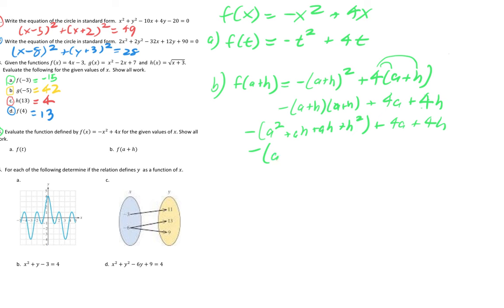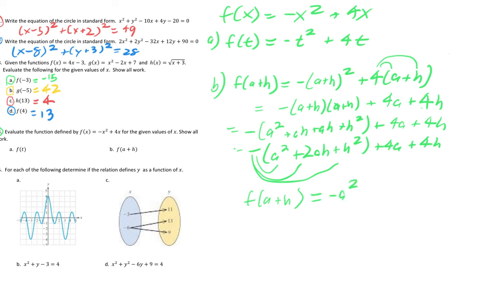It's going to leave us with negative a squared plus 2ah plus h squared plus 4a plus 4h. So we want to distribute that negative to each of our terms inside the parentheses. So f of a plus h is going to be equal to negative a squared minus 2ah minus h squared plus 4a plus 4h.